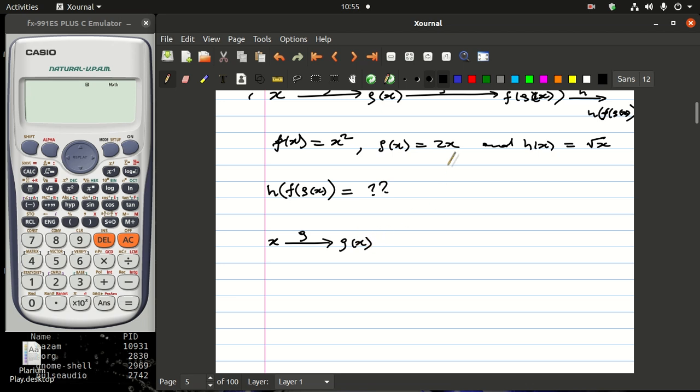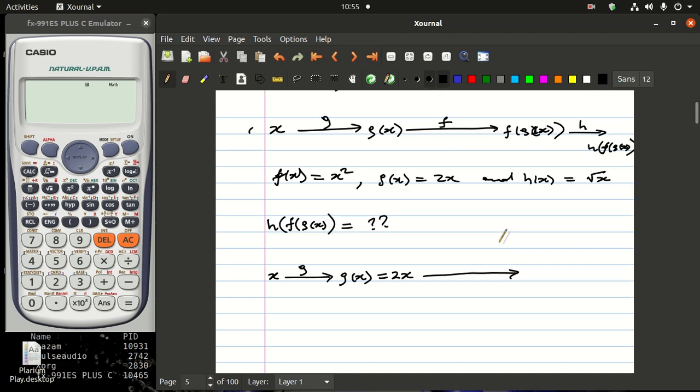What is my g of x? g of x is just equal to 2x, and I plug this 2x inside f. Take note that instead of having f of x, instead of x I have g of x. So in the place of x I am going to plug in g of x.